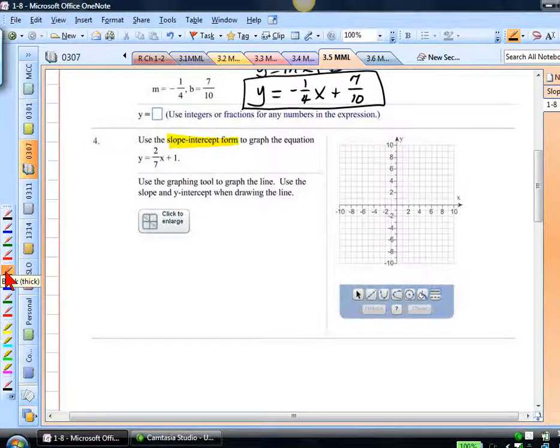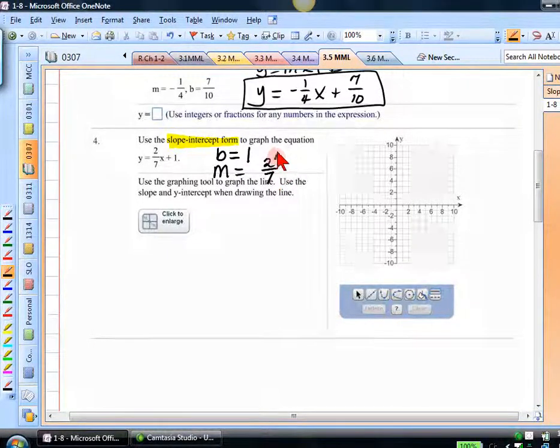If it says slope-intercept, then you need to begin at b, move with m. Where will I begin? At 1 on the y-axis. How will I move? Up 2, right 7. The slope is 2/7. They're both positive, so the rise means go up 2, the run means go right 7.